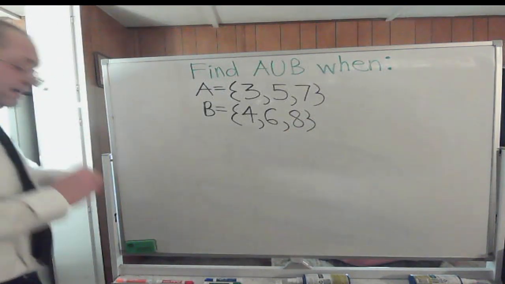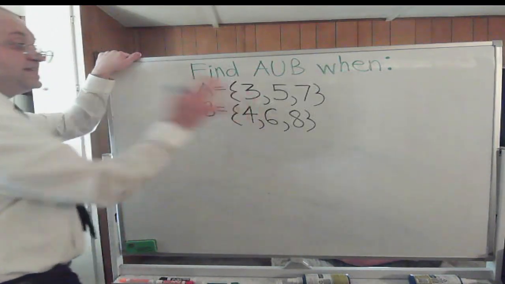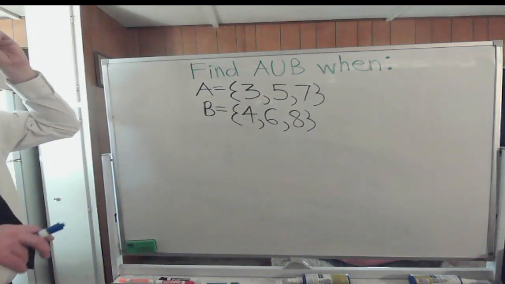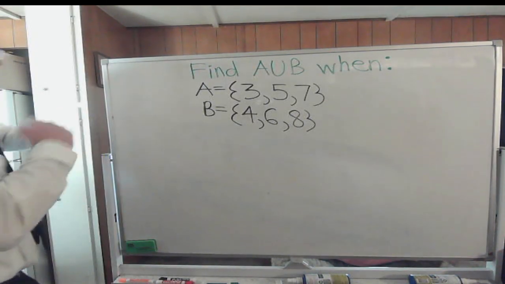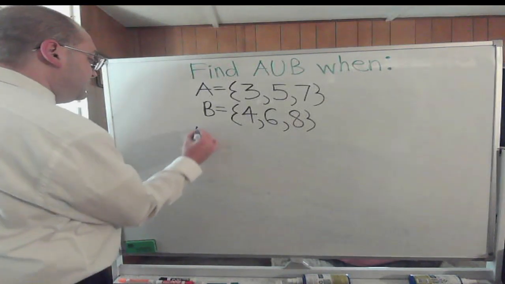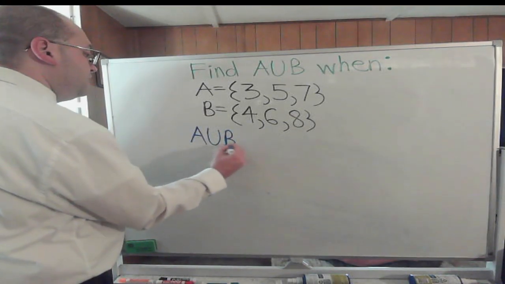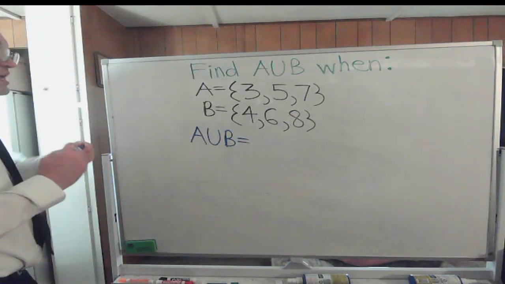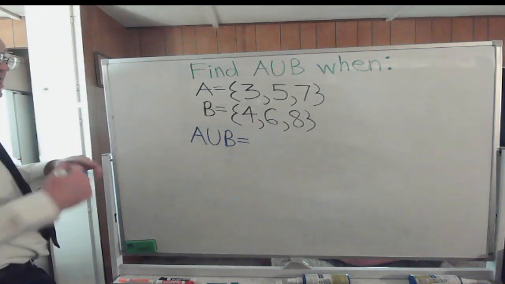So right away, we notice that both sets have completely different numbers from each other. But we're doing the union of the set. In other words, we're taking A in union with B. So that means all you're going to do is combine the elements of both sets into one giant set.